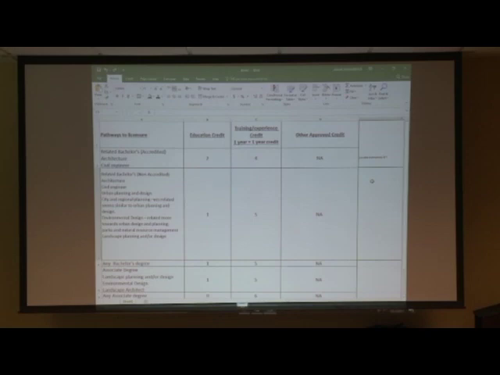That's just how the credits work. It equates to hours, right? It's hours. That's how we calculate the work experience. So really, do we increase line item 3 to 1.5? What do you all think about that?